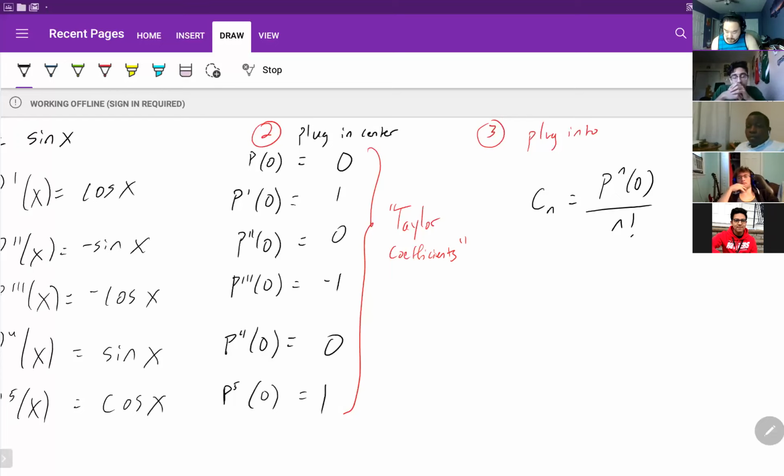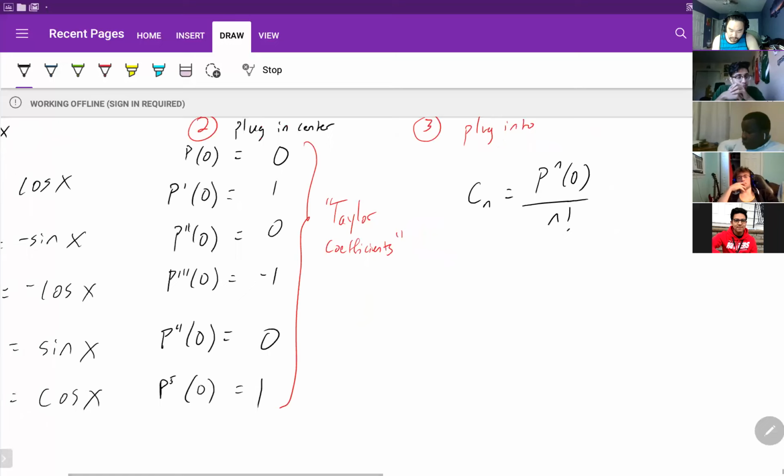So I'm going to write it out. Sorry, it was the formula, right? The sum from 0 to infinity.